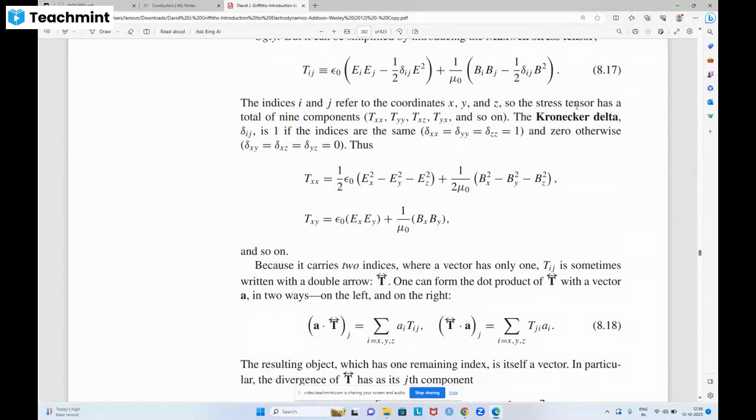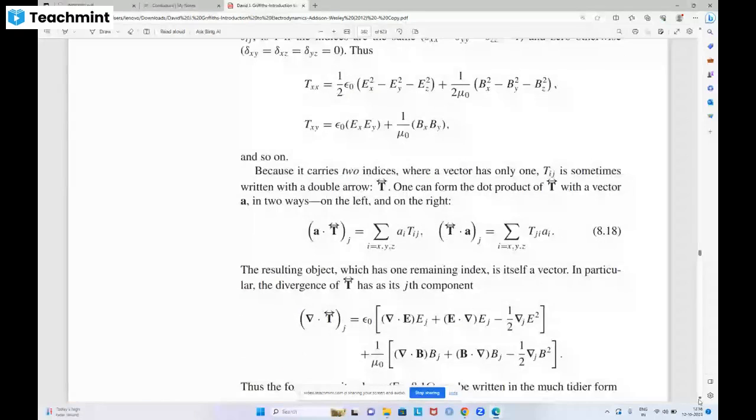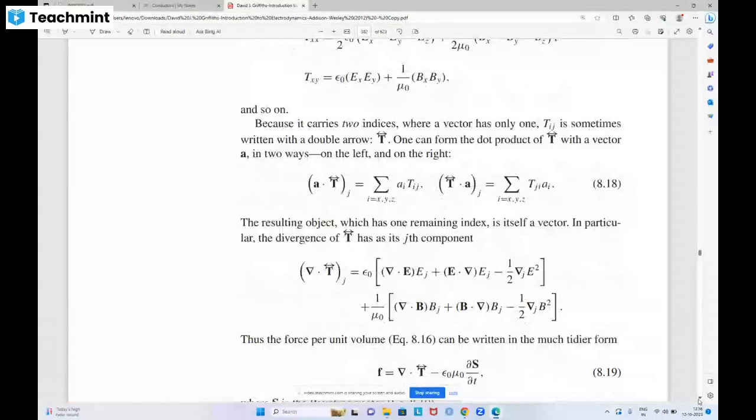They told us just below equation 8.17 that they are the components of the stress tensor. The resulting object, which has one remaining index, is itself a vector. In particular, the divergence of T has its j component.